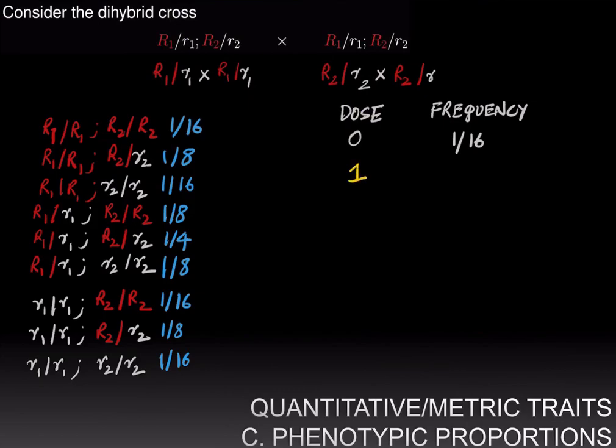which means all the genotypes that have a single pigment making or big R allele, and there's 2 of them. There is this individual, and there is this individual.